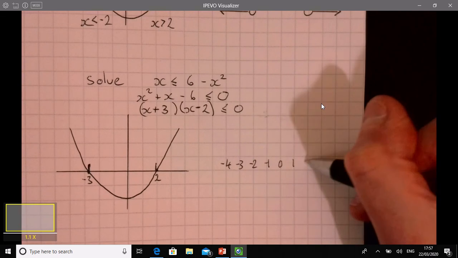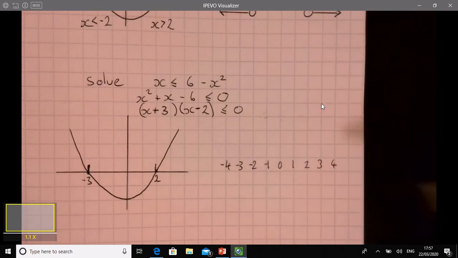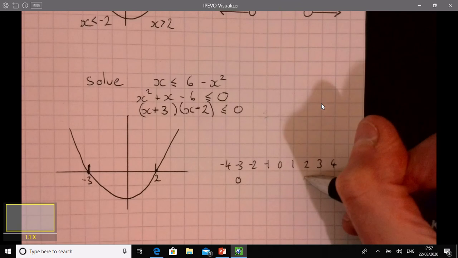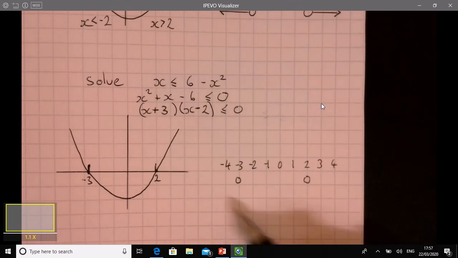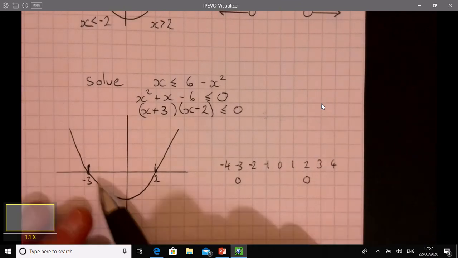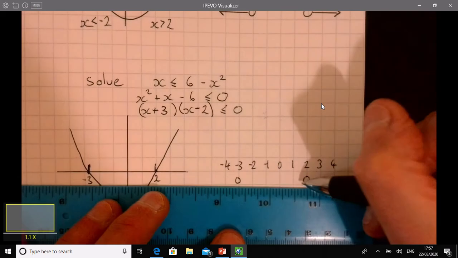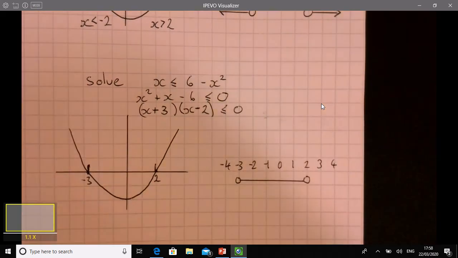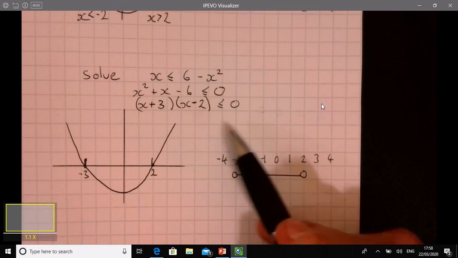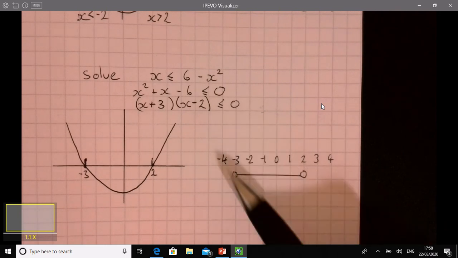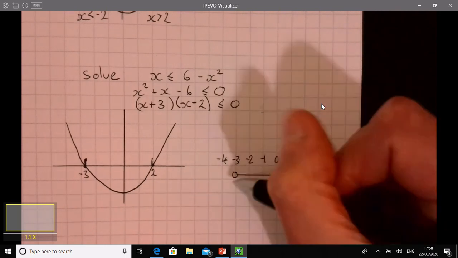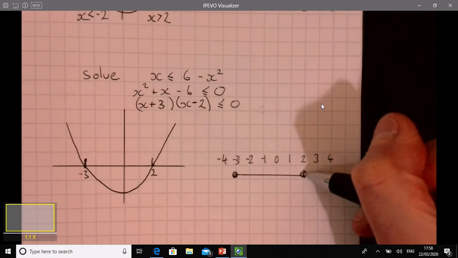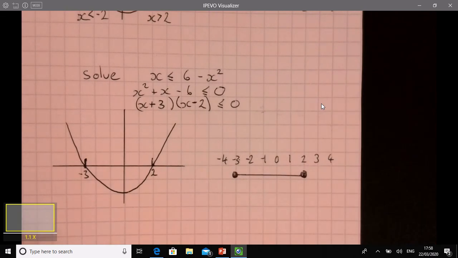Obviously the numbers might go beyond this, and it goes from minus 3 to 2. I always prefer these. It feels a little more satisfying when it's a contained region inside. And wait a minute, it said less than or equal to, so we're including these numbers. Remember, the only difference is I shade these in.